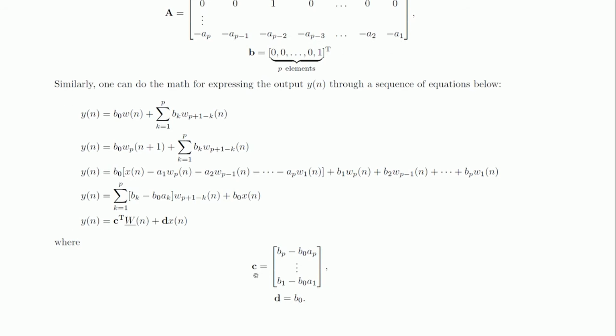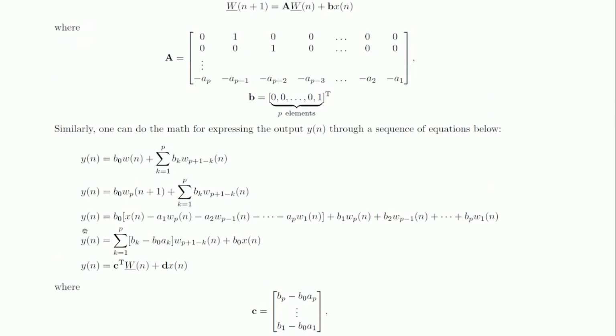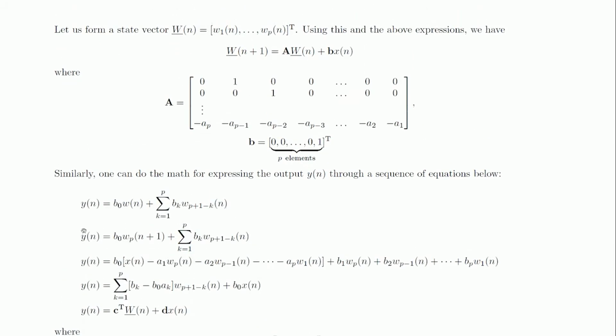The important parameters are these C's and D's which link the state vector W of n and x of n to the output y of n, and we have the matrix A and the vector B that link the state vector at time n and the input to the state vector at time n plus 1.